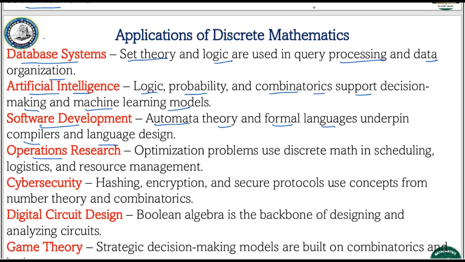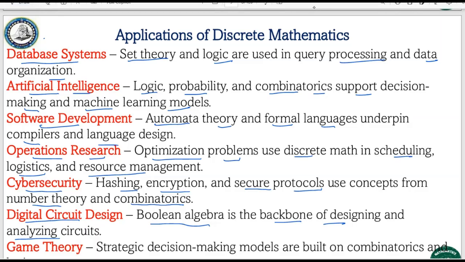Then operations research, which is optimization of problems, uses discrete math in scheduling, logistics, and resource management. Then cybersecurity: hashing, encryption, and secure protocols are built using number theory and combinatorics. Then digital circuit design: we use Boolean algebra as the backbone of designing and analyzing circuits.